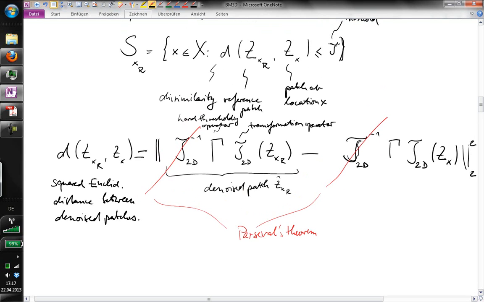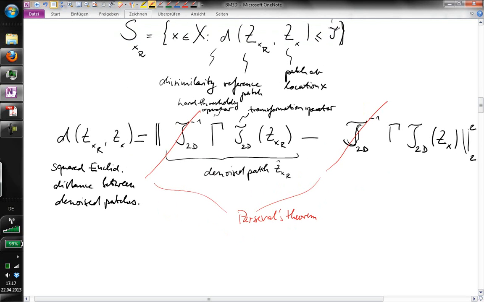Okay, so we have the squared Euclidean distance between denoised patches, and we have the set capital S of patches that look, according to this distance, not too different from our reference patch. XR is just a location.